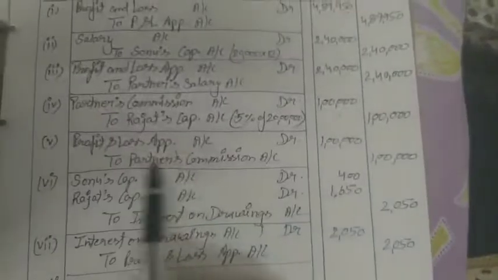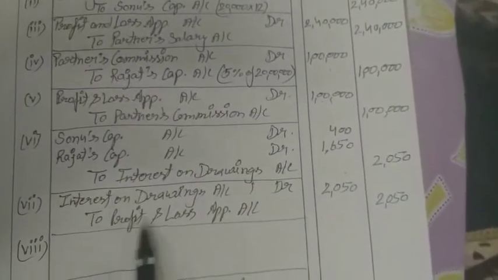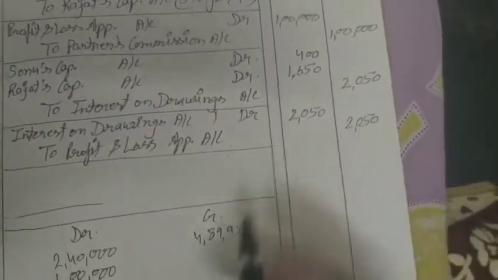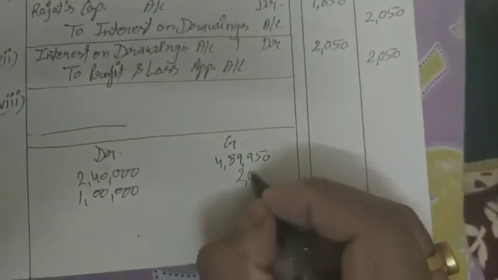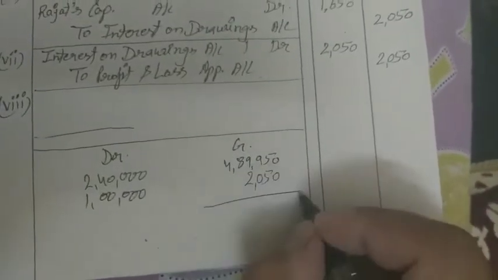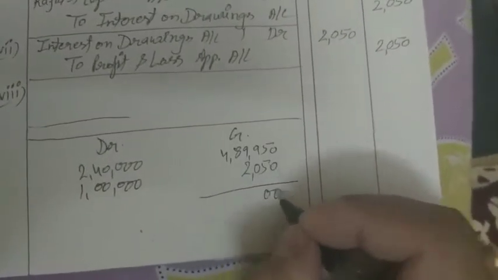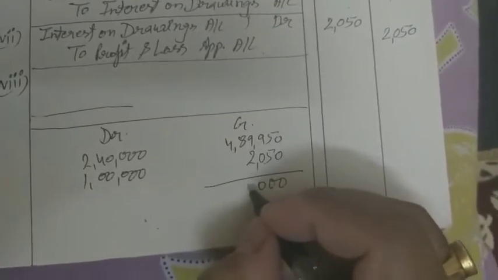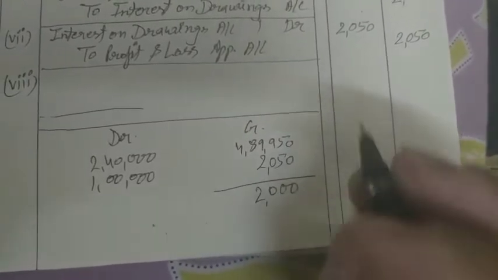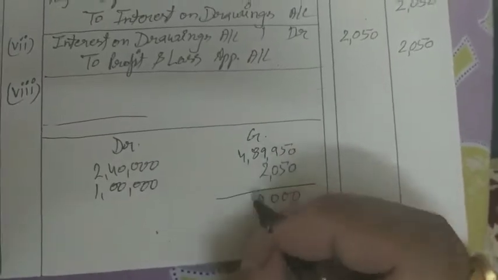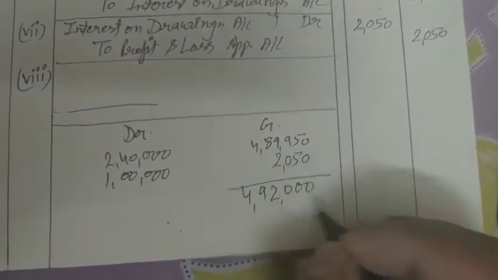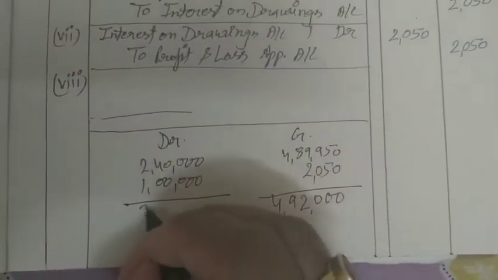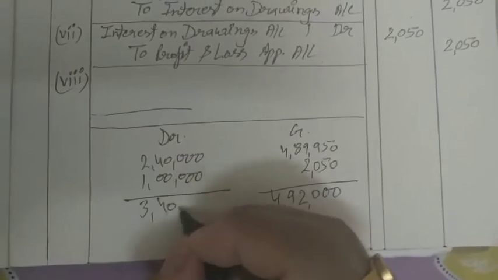And then next, profit and loss appropriations account is credited with 2,050 rupees. If I total this, it is 4,92,000. If I total this, it is 3,40,000.